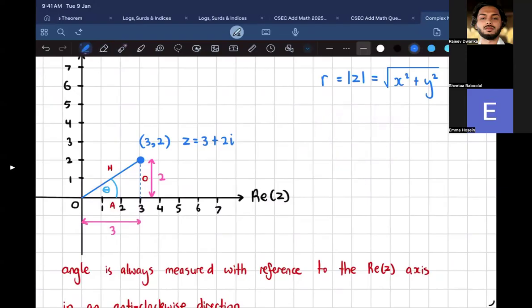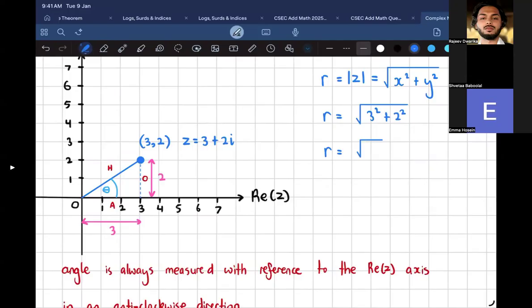If you want to find r, which is the length from O to the complex number, you would just simply use our formula again, which comes from Pythagoras theorem. So that would be the square root of 3 squared plus 2 squared. And what will that be equal to?